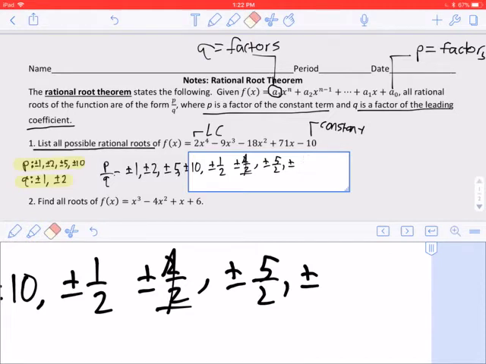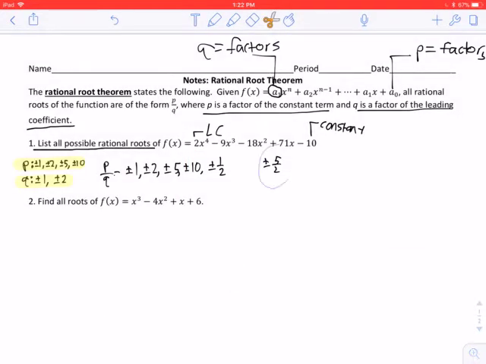So normally we wouldn't list out the repeated ones, but it's not the end of the world if you do. So these would be all of the possible rational roots. And then to find out which ones are roots, we'd have to test each one with synthetic division to find out if it is a root.